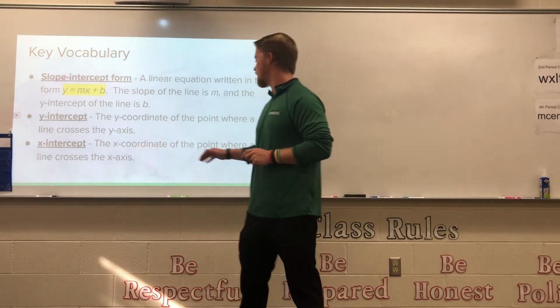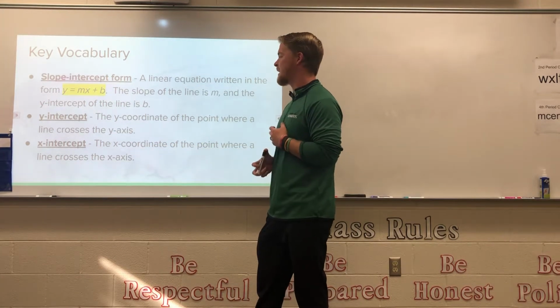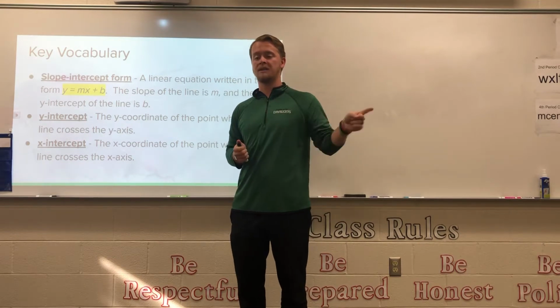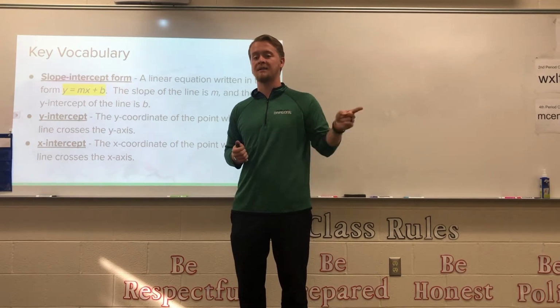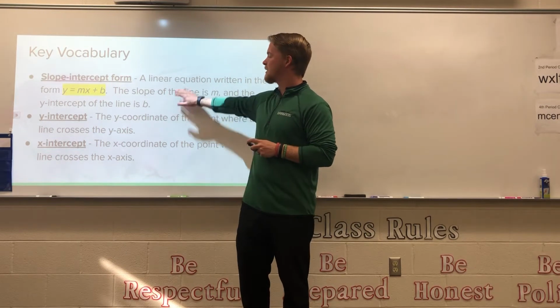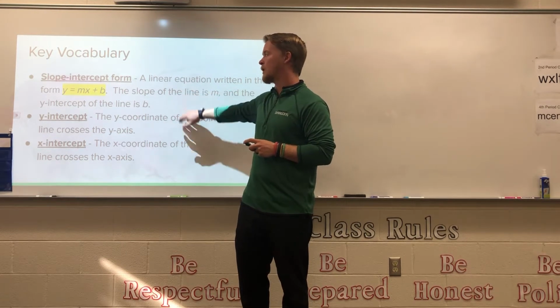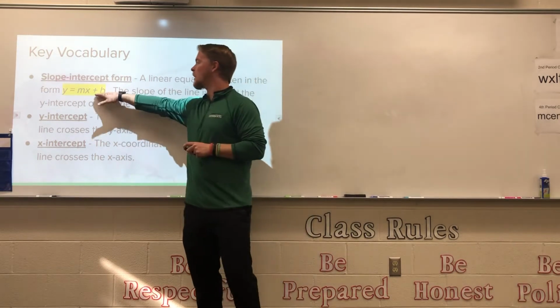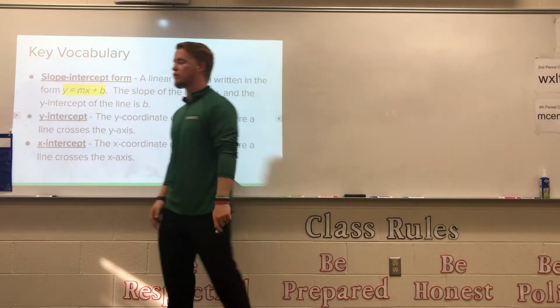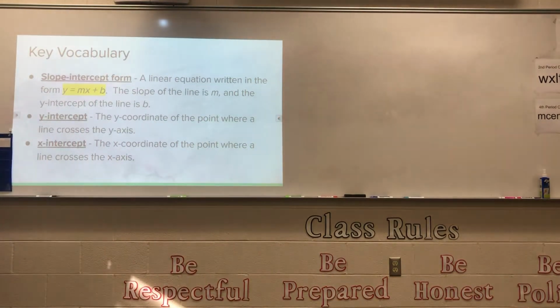That's the x-coordinate of the point where the line crosses the x-axis. So wherever the line you draw crosses that side-to-side axis, which is your x-axis, that is your x-intercept. The main things we'll touch on are these top two though. For slope-intercept form, you definitely need to know y equals mx plus b, and your y-intercept is where that line crosses through your y-axis.